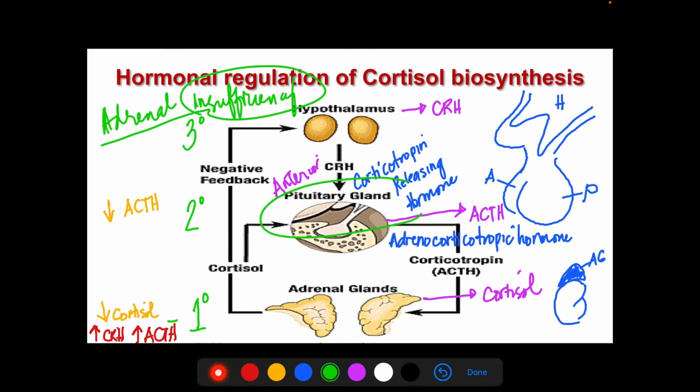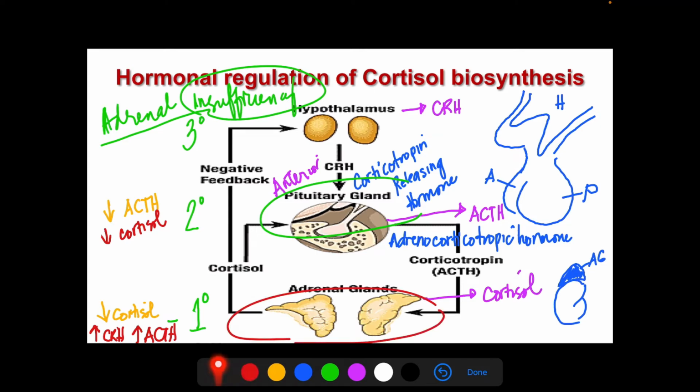What will happen is that because there is a decreased ACTH, it cannot send a signal to the adrenal glands to produce cortisol. So what will happen to the cortisol level of the secondary AI? There is a decreased cortisol production. And take note, there is a decreased cortisol production from this adrenal gland.